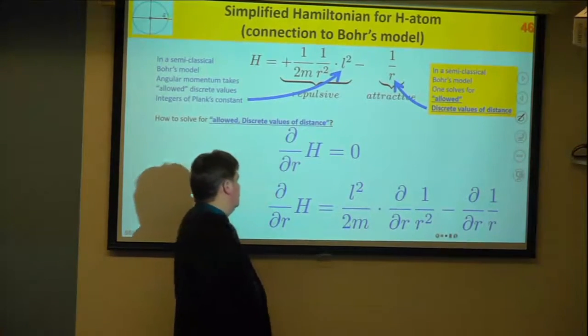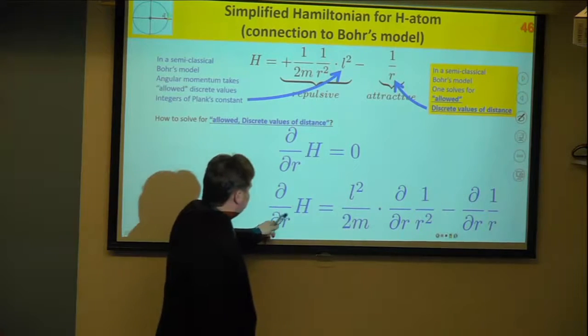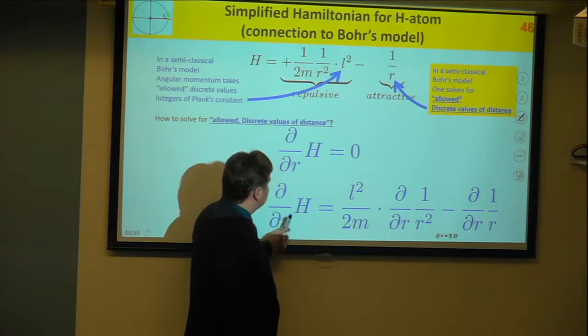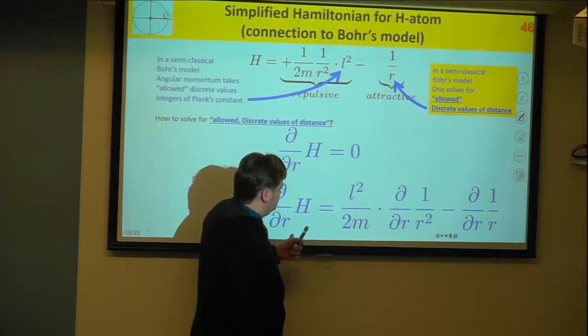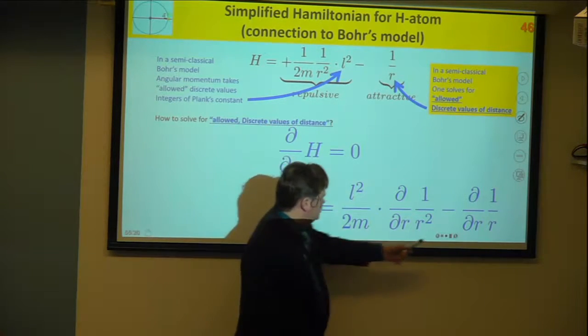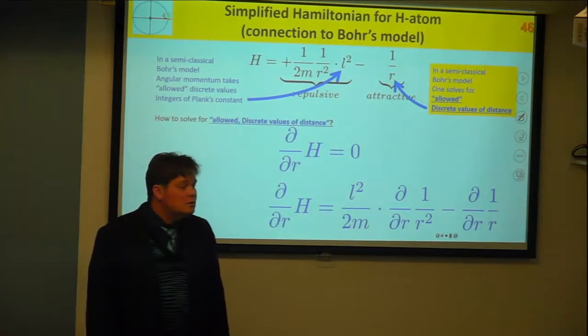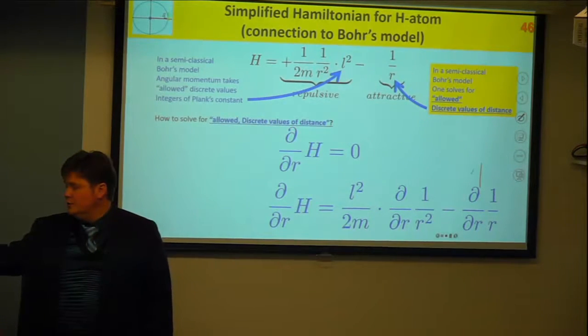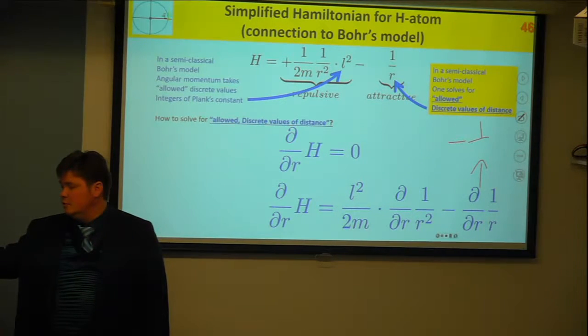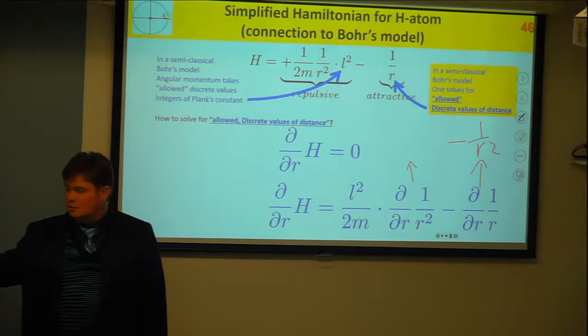Okay, so taking derivative over position of this equation. So derivative of 1 over r will be minus 1 over r squared. Derivative of 1 over r squared, negative 2 over r cubed.